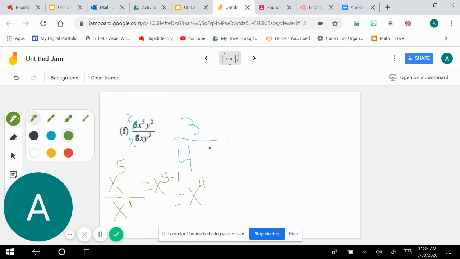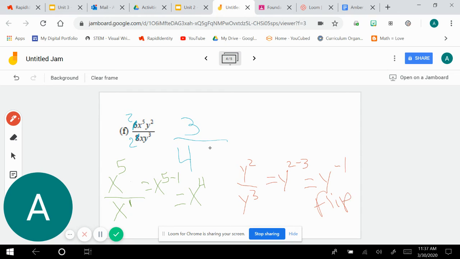Now I'm going to do the same thing with the y. So I have y squared over y to the third. Now I'm going to subtract because we are dividing. 2 minus 3 is negative 1. Now remember, when you have a negative exponent, that means it's going to be flipped to the opposite part of the fraction that it was at. So since I was on top, it has to go where now? The bottom. So I'm going to write myself a note: flip to the bottom.